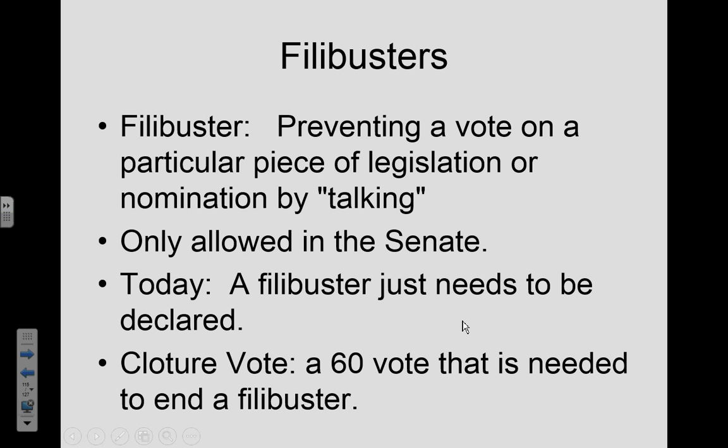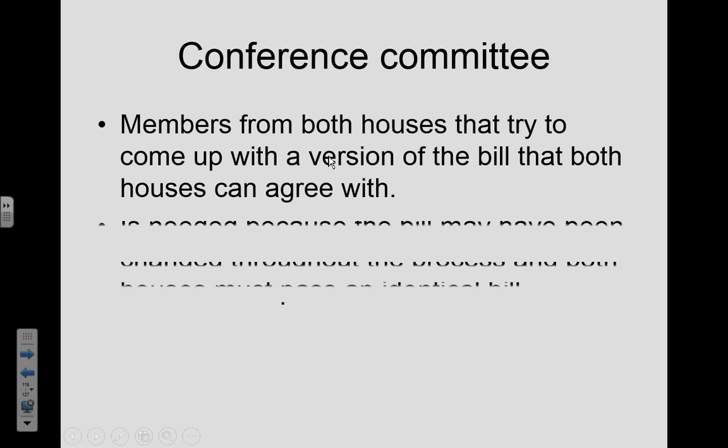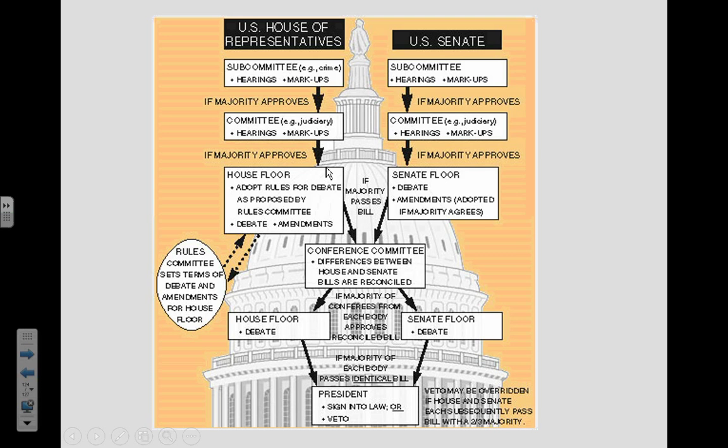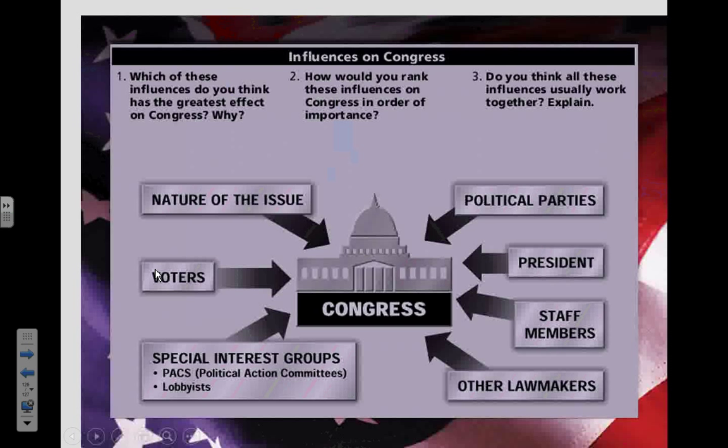All right, now, a lot of process. The bill to law process takes a long time. And the other thing I want to point out here is that if you're a member of Congress and you're voting on a piece of legislation, you have a lot of people that kind of want you to vote a certain way. Maybe the people from your states, the people who elected you, your constituents, may be for or against a piece of legislation.